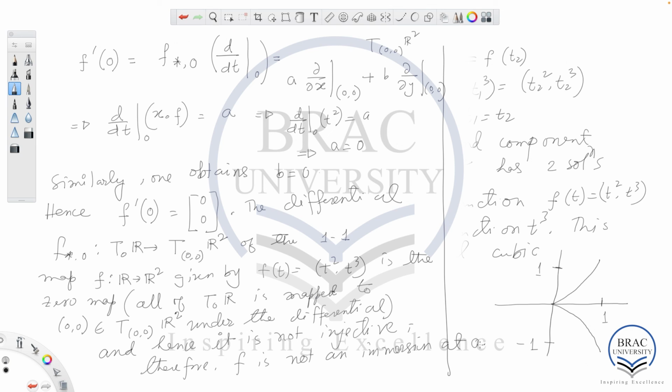Okay, so this example tells us that a one-to-one map is not necessarily an immersion. Although the map f defined by f of t equal to t squared, t cubed is a one-to-one map, it is not an immersion at the point 0, at time t equal to 0.